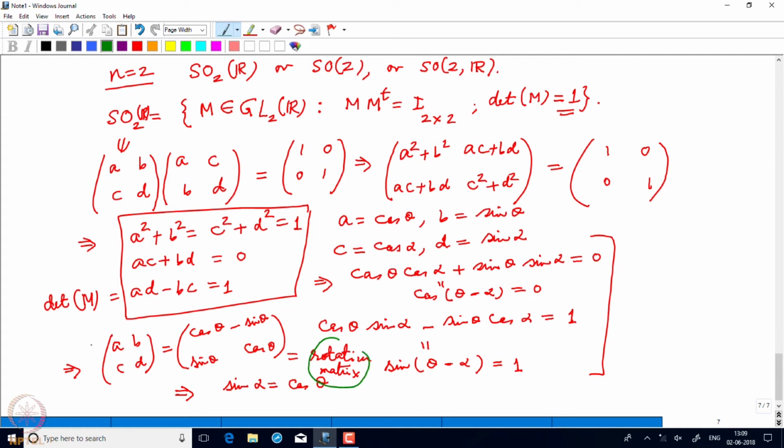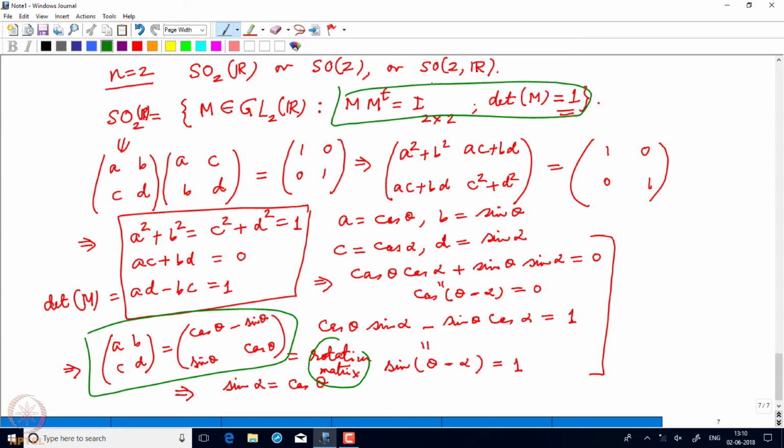So these elements can be thought of as rotation. These conditions imply rotation, and even in higher dimensions these conditions indeed imply rotation. So in fact you can think of rotation in higher dimensions as well.